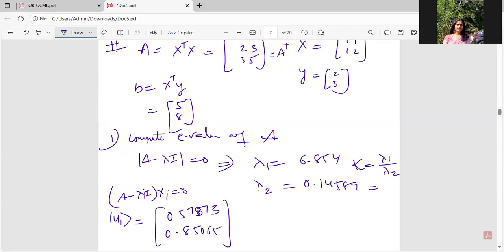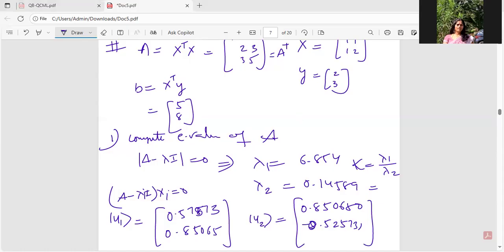Of course, the ones which usually we do are all integer eigenvectors, but here I can get real eigenvectors as well. 0.850650, minus 0.525731. These are the two eigenvectors that I have got using the above statement.